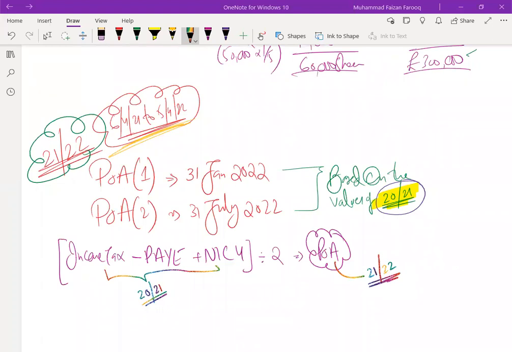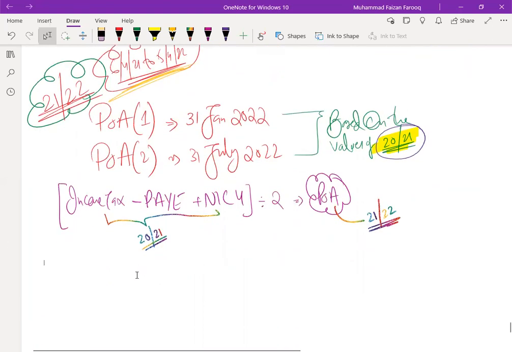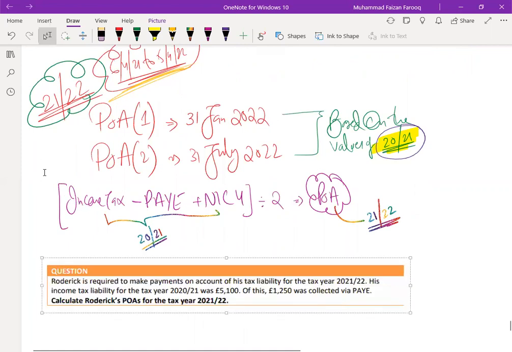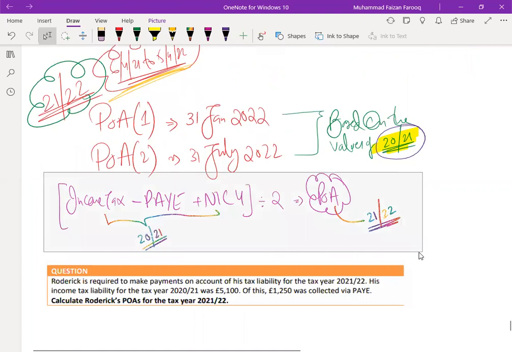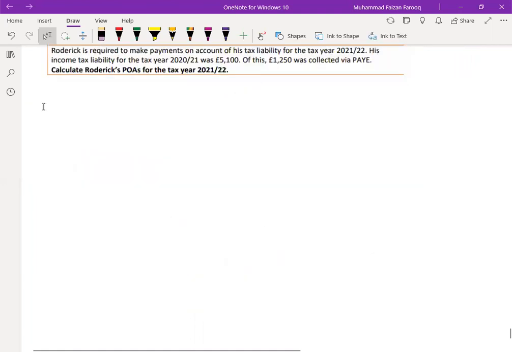Now I am sharing a small example question. If you want to note it down, please go ahead. Now read the question, please. Roderick is required to make payments on account on his liability for the tax year 2021 to 2022.